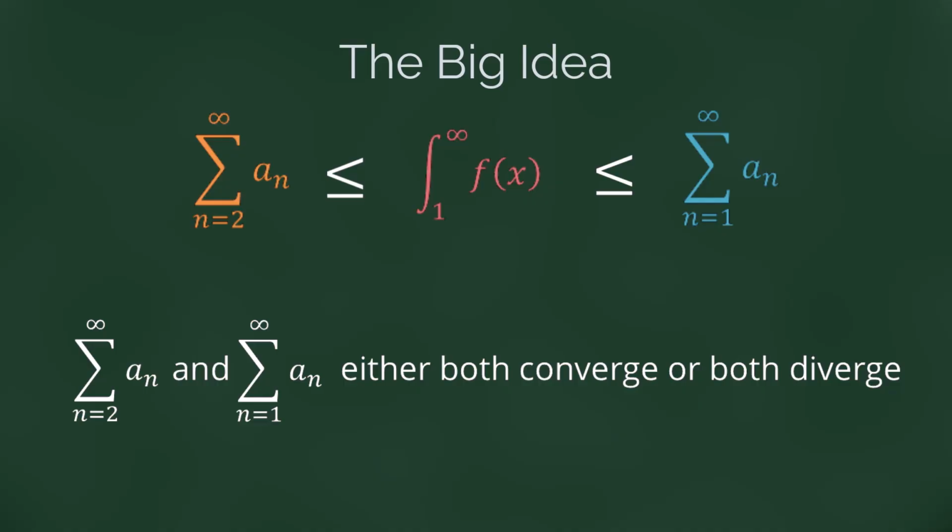Therefore, if the sum from n equals 2 to infinity of a sub n converges to a finite number, adding on an additional finite number in the sum from n equals 1 to infinity of a sub n won't change that fact. Similarly, if the sum from n equals 1 to infinity of a sub n is infinite, taking away a finite term and looking at the sum from n equals 2 to infinity of a sub n will not make that finite.